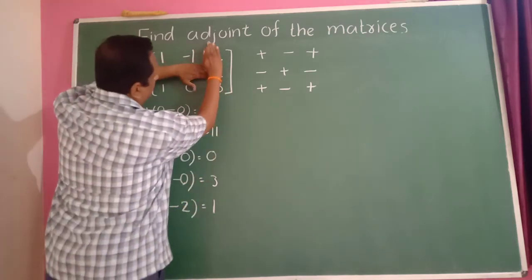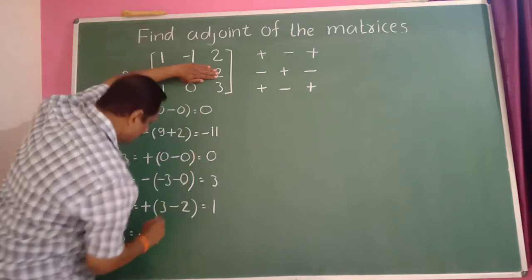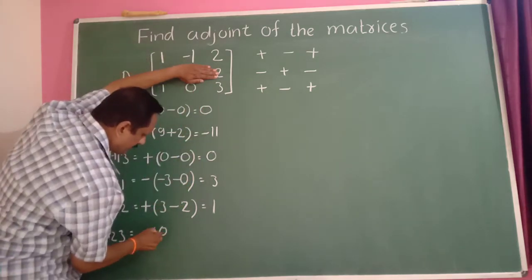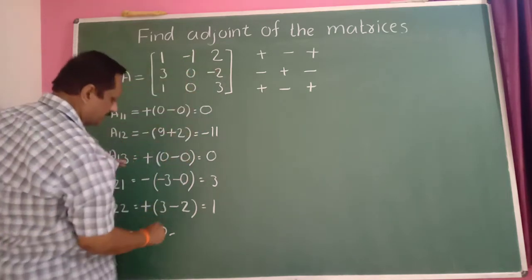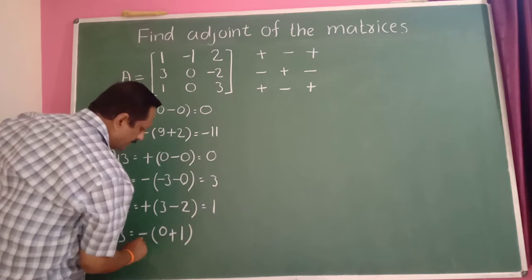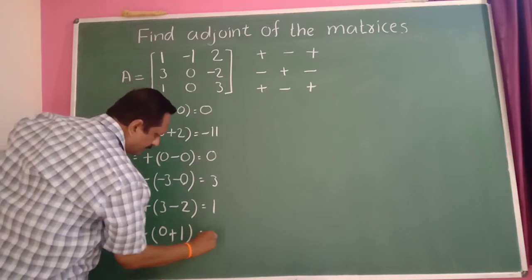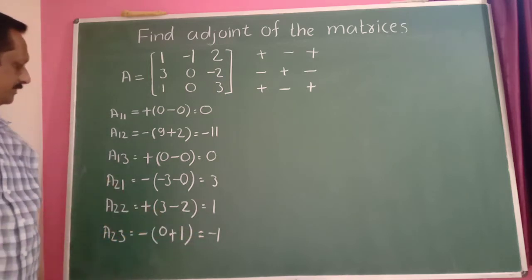Then 1 into 0 becomes 0. Minus 1 into 1 becomes minus 1. Minus and this minus make plus, so plus 1. Therefore minus of 1 becomes minus 1.